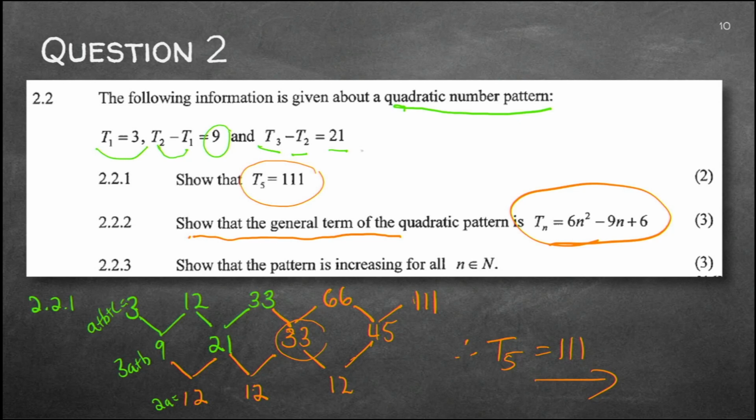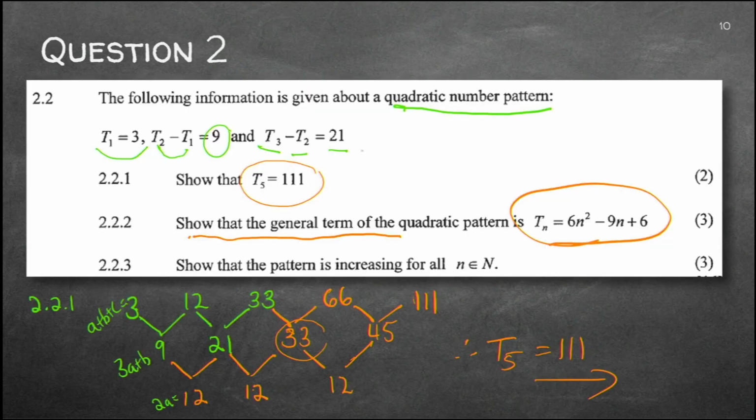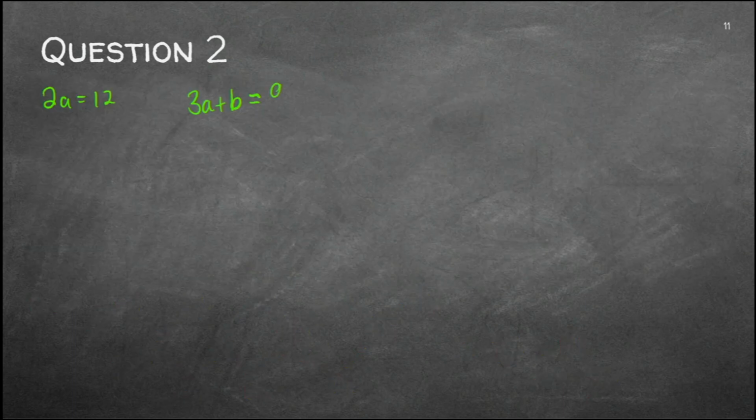And now I need to solve, so let's quickly have a go. So I'll first write down 2a is equal to 12, 3a plus b is equal to 9, and a plus b plus c is equal to 3. So please write it down, and now we can solve.